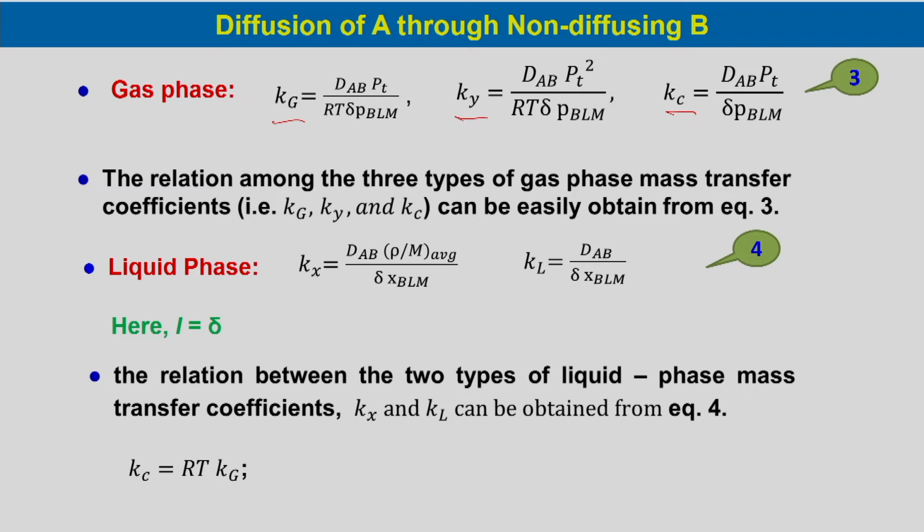So, Kc would be equal to RT Kg, Ky would be equal to Pt Kg, and Kx would be rho by M average KL. So, these are the final relations we can obtain among these mass transfer coefficients.